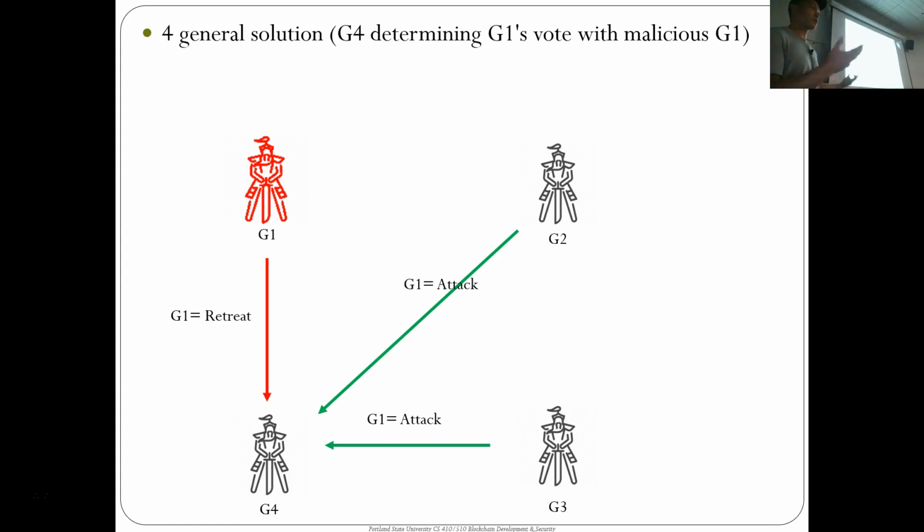Which is what you want. You want the loyal generals to all be coordinated in this case. Okay? So that's the intuition behind the protocol that's running underneath.